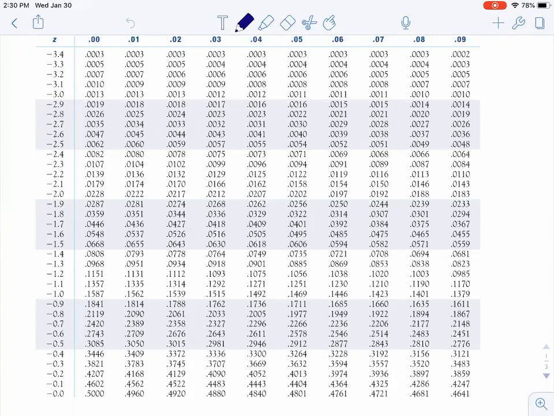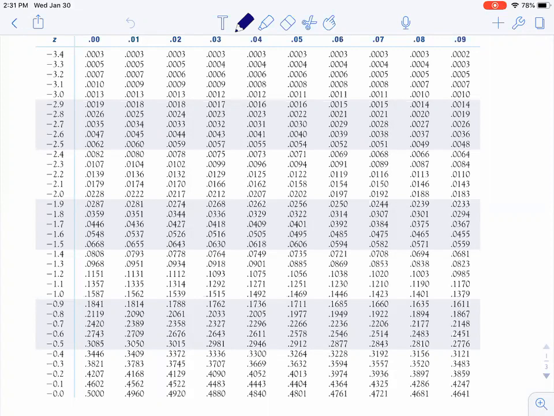As it moves closer and closer to 0, the probability at a z-score of 0, we're expecting to be 0.5. So if we go to a z of negative 0.0, there is no negative 0, but they had to do it on here to complete the table. It's going to be 0.5.